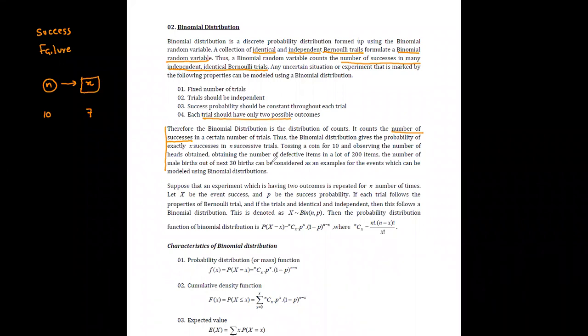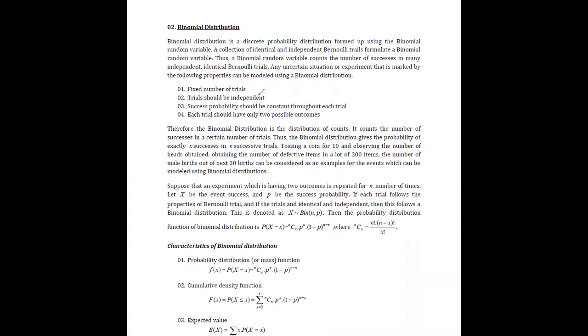Now we will have a look at the notations used inside this binomial distribution. Suppose that X is the variable that you are considering, and suppose that X follows a binomial distribution, that X is a binomial variable. To be a binomial variable, it should satisfy all these four conditions.